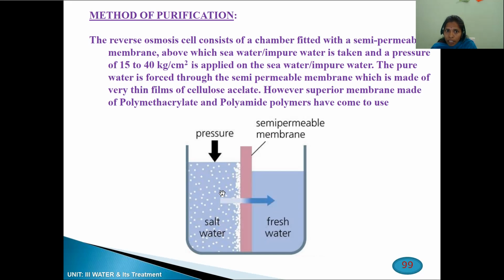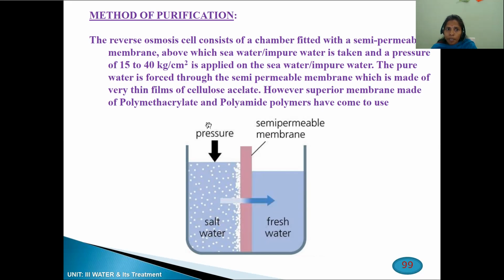The pure water is forced through the semi-permeable membrane, which is made of very thin films of cellulose acetate. Only the pure water is transferring from here to here, because pure water is the solvent. This membrane is made of cellulose acetate, which has the capacity to transfer only the solvent particles.